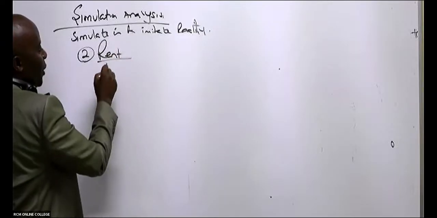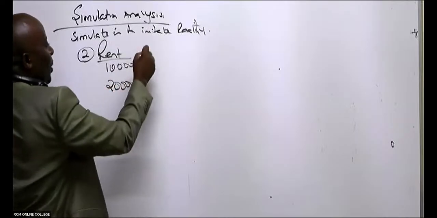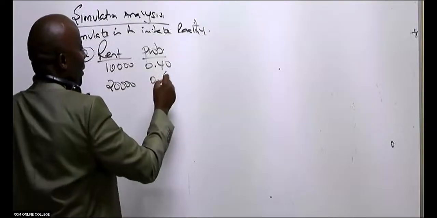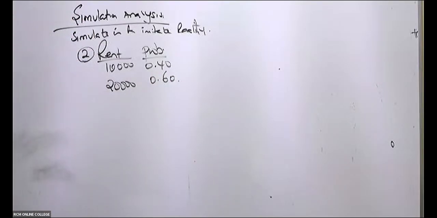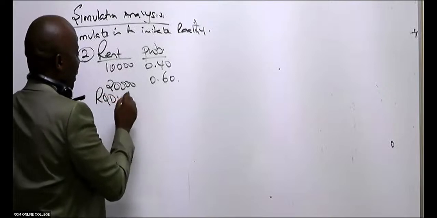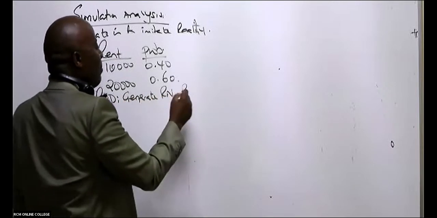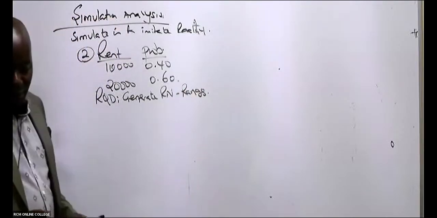So assuming I take a space that will cost me 10,000 or 20,000, and then we have probabilities. This is 0.40 and this is 0.60. And then you are required in this case to generate random number ranges. Very easy.